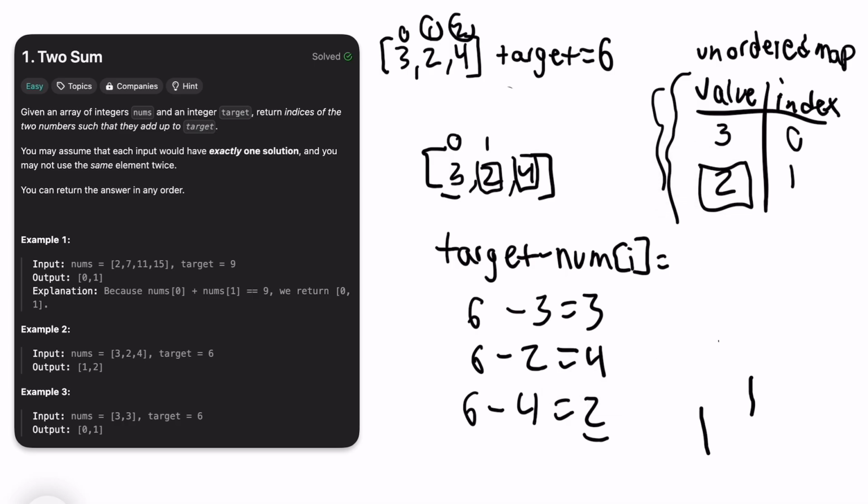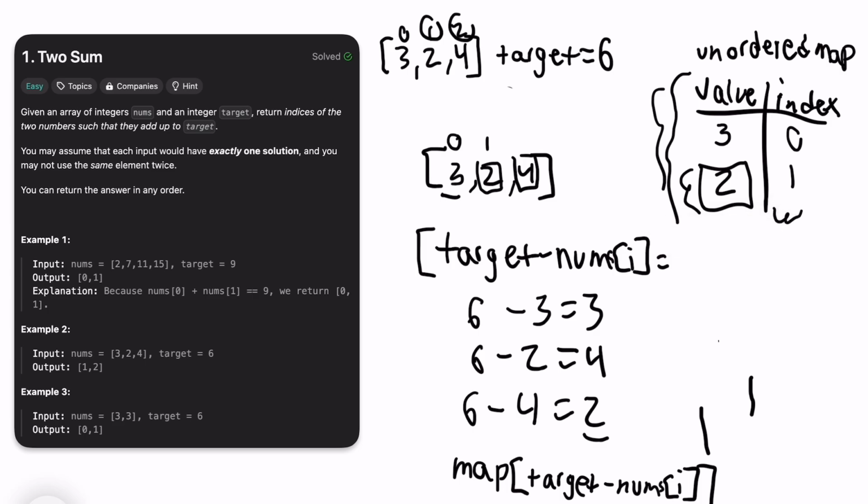So we would want to return, let's say the map is named map, map of target minus nums i, which would find 2 and return that index.